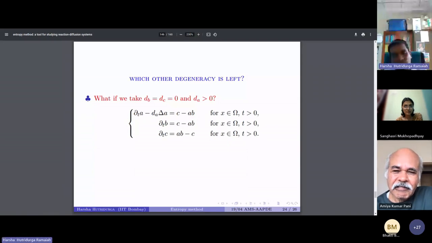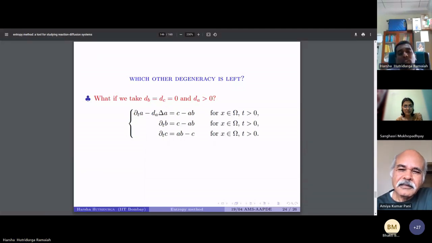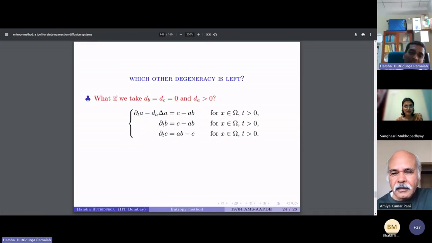You're absolutely right. There are additional conservation properties, but how it helps to improve these decay rates, I'm not sure. I have not actually thought about this. You can take various linear combinations of these equations to get additional conservations.